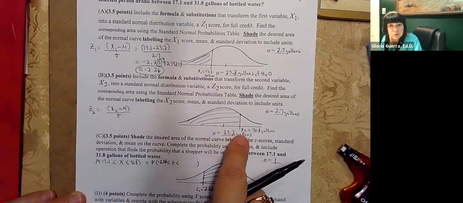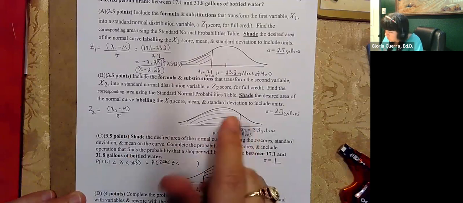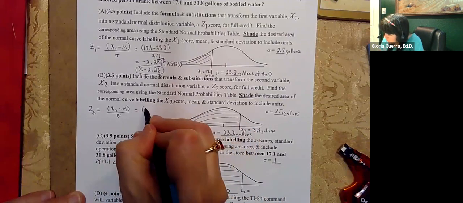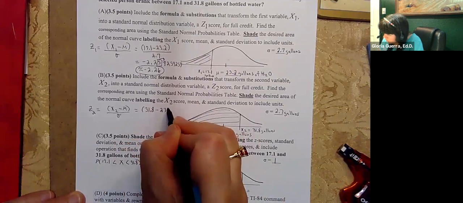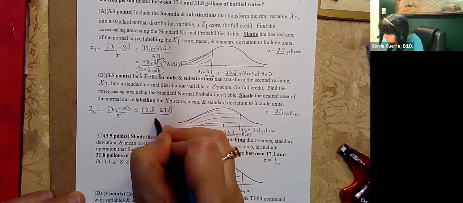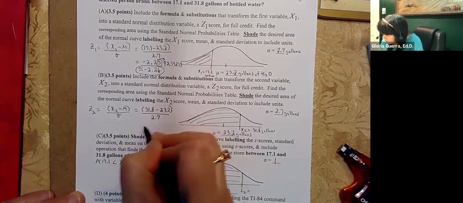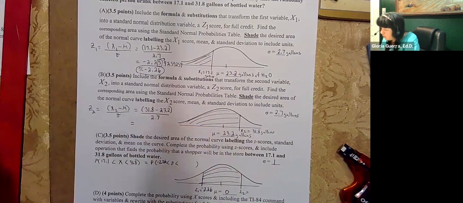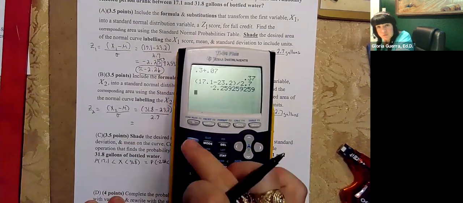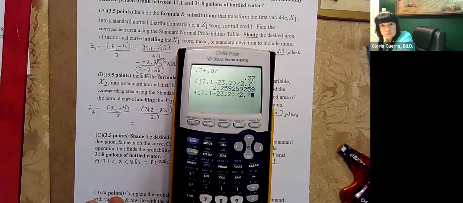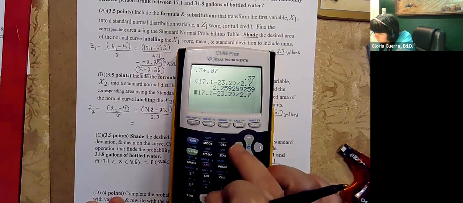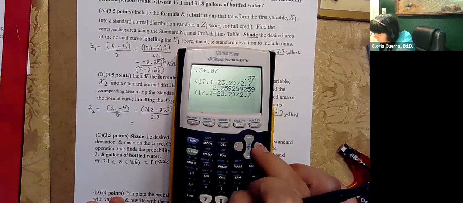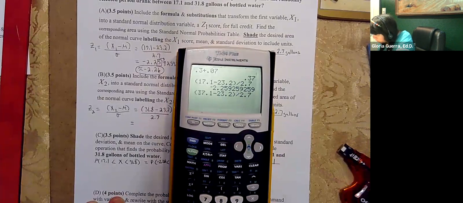And x of 2 is 31.8. Mu is the same. Sigma is the same, hasn't changed. You probably could do a second enter, and then you backspace, and 17.1 changes to 31.8.